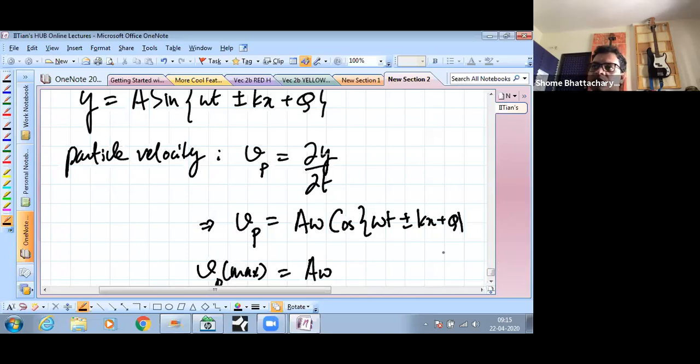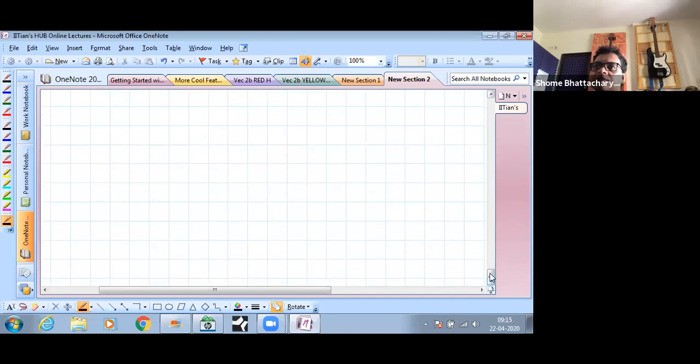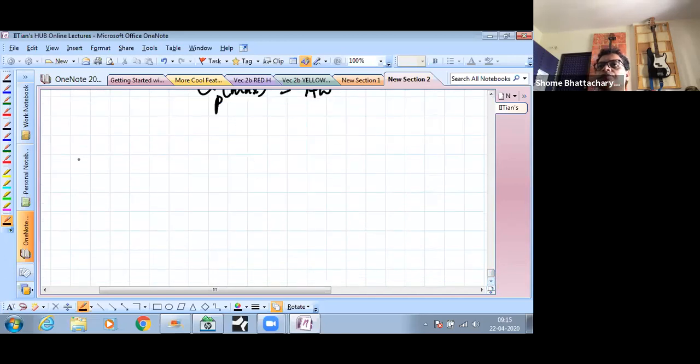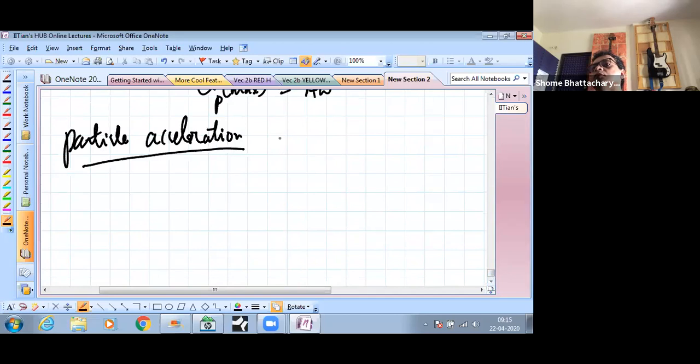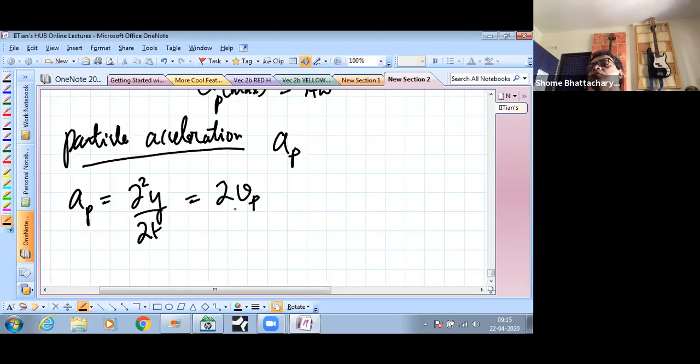And similarly, from this we can also determine particle acceleration. Particle acceleration will be given by the second derivative of y with respect to time, or the derivative of particle velocity with respect to time, but partial derivative.